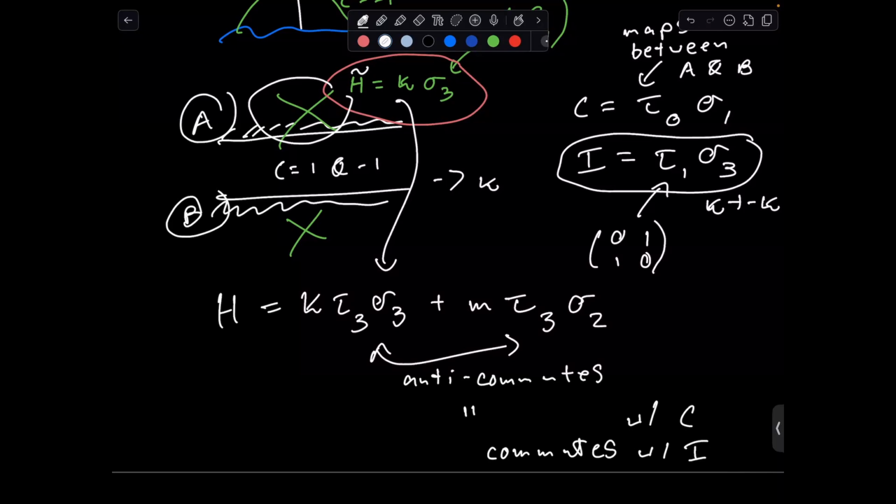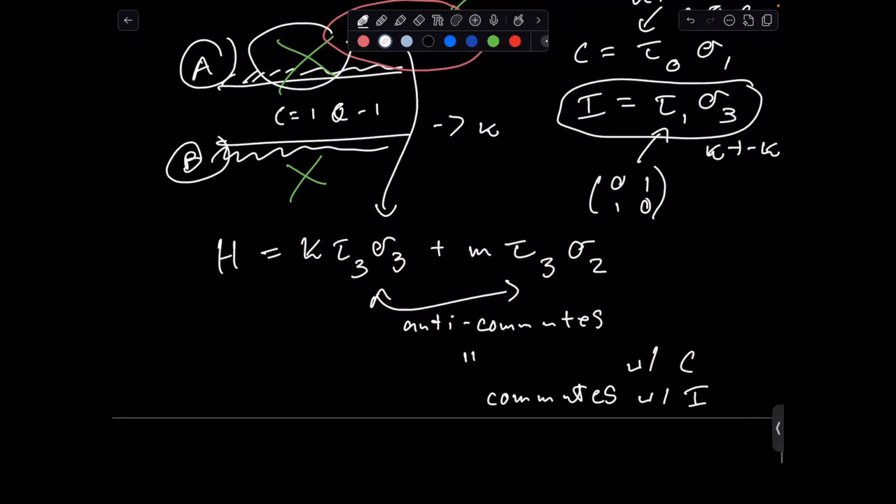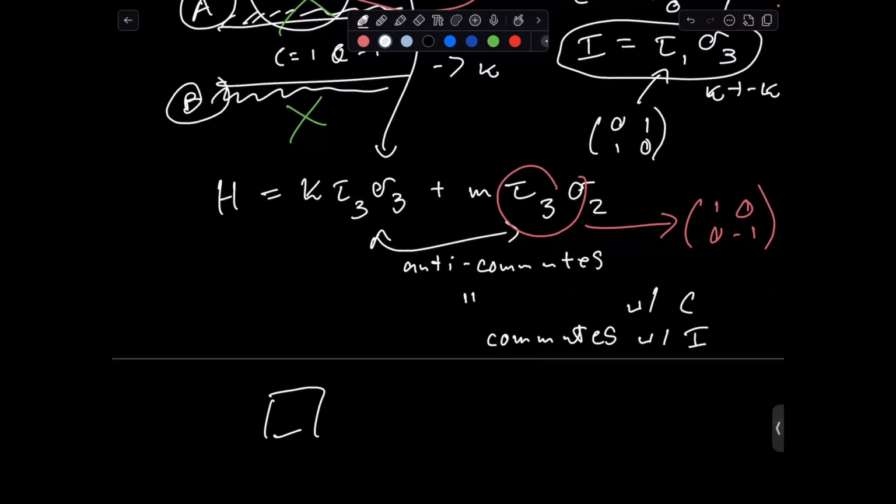And now we are done, because now we can look at this and see there's a tau 3 here. So tau 3 means 1, 0, 0, minus 1, right? So it has an opposite sign on the two sides, meaning that the mass term has opposite sign. If I now make this into a full 2D system, here I have some mass, but over here I have minus that mass, right?